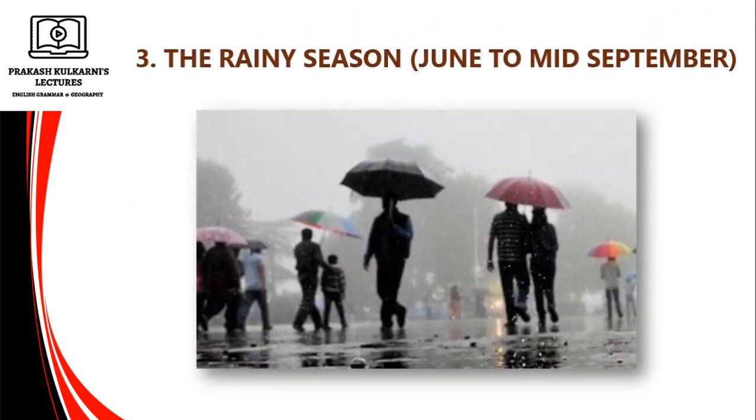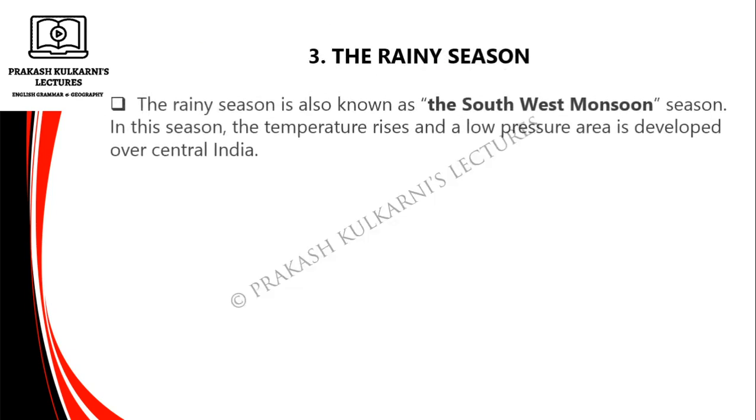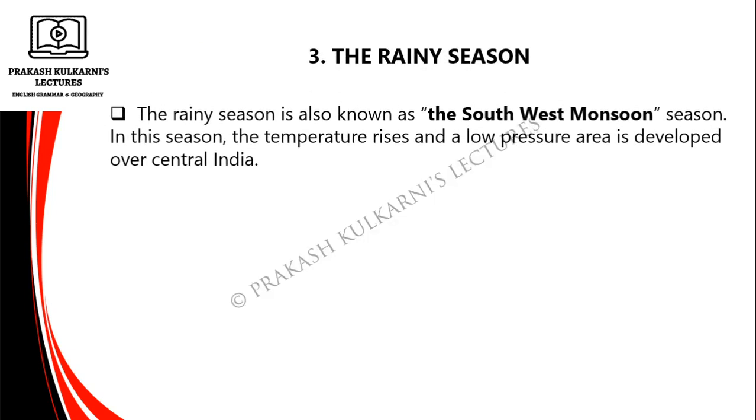Third one is the rainy season. The period is from June to mid-September. The rainy season is also known as the southwest monsoon season. In this season, the temperature rises and low pressure area is developed over central India.